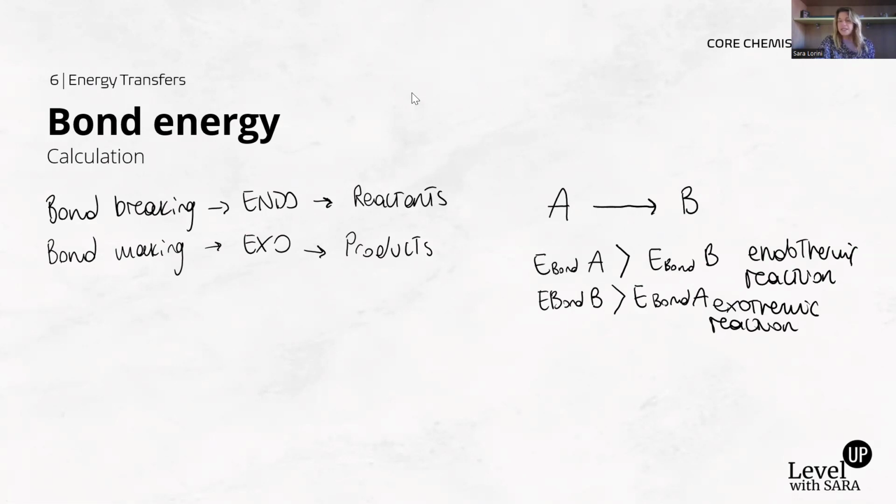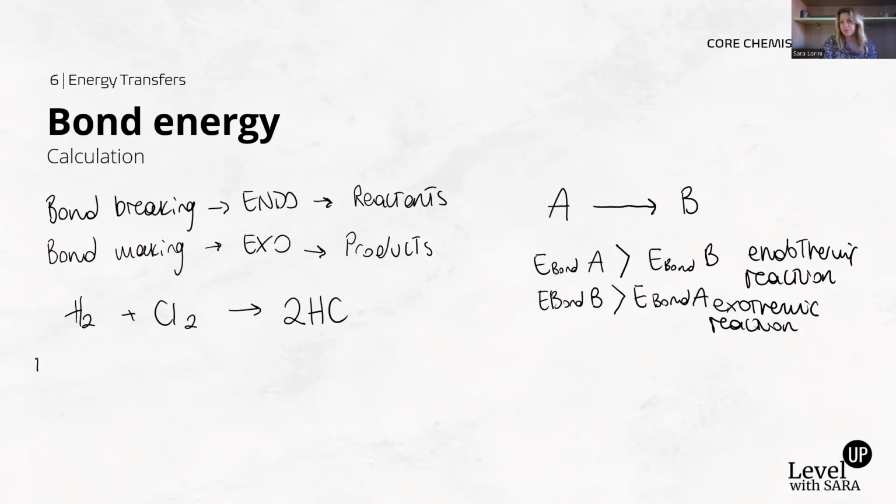So you might be guessing how we do calculations for this. Let's say we have a reaction, H2 plus Cl2 to make 2HCl.